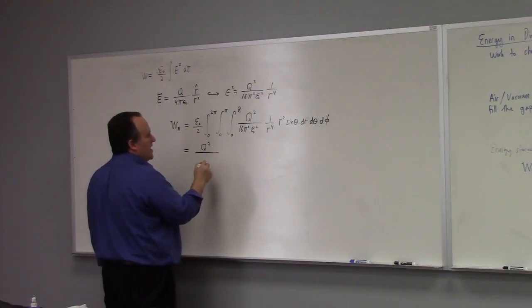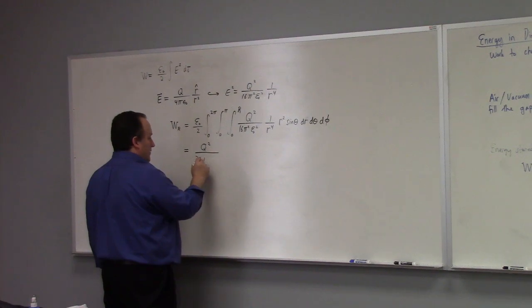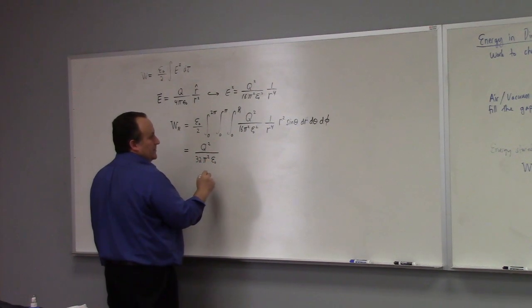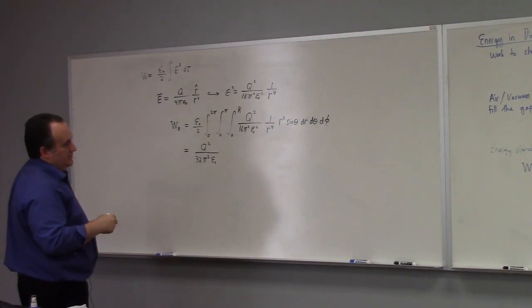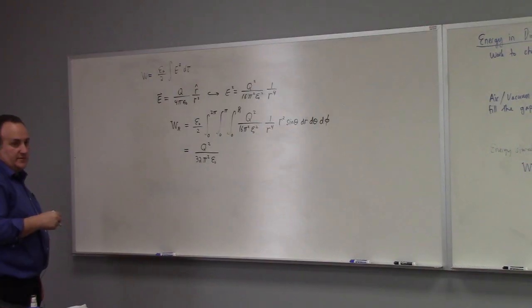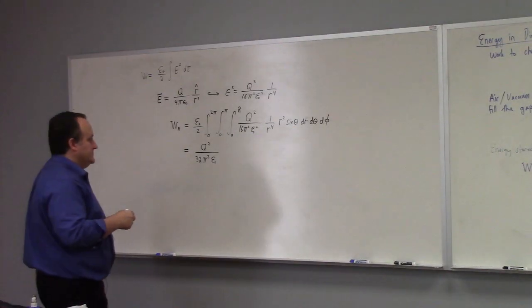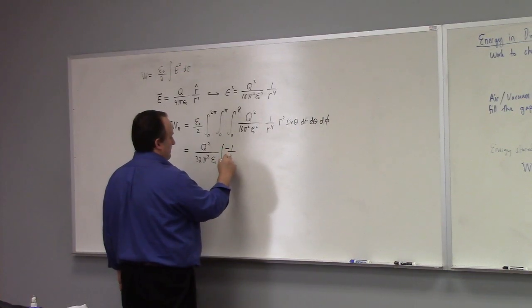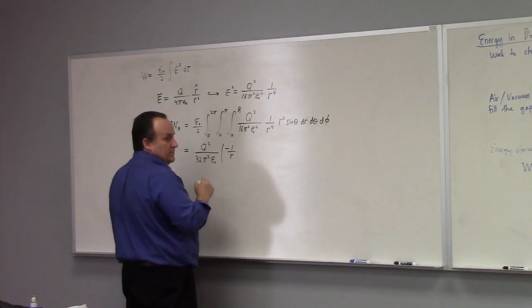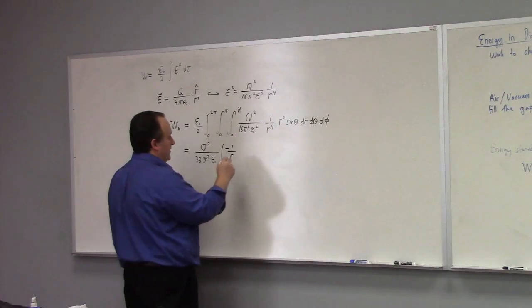So I got Q squared divided by, looks like, 32 pi squared epsilon naught. What happens? You get 1 over r squared. That integrates to minus 1 over r, right? The integral of 1 over r squared is minus 1 over r.